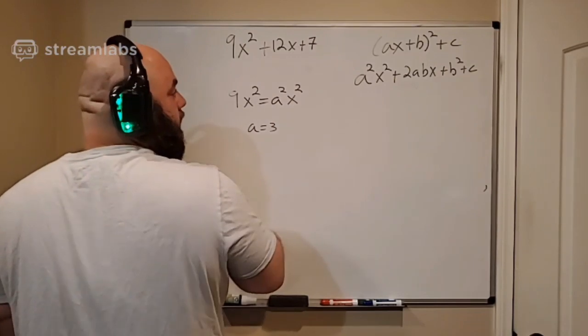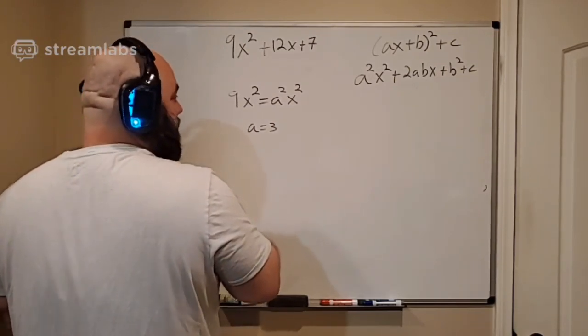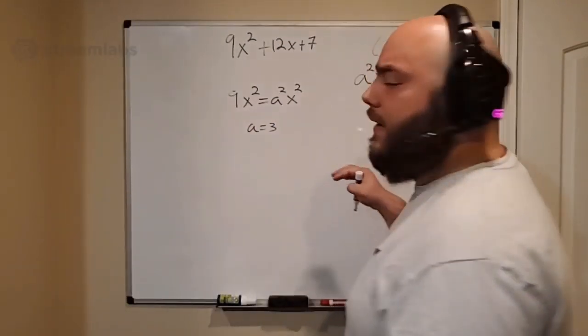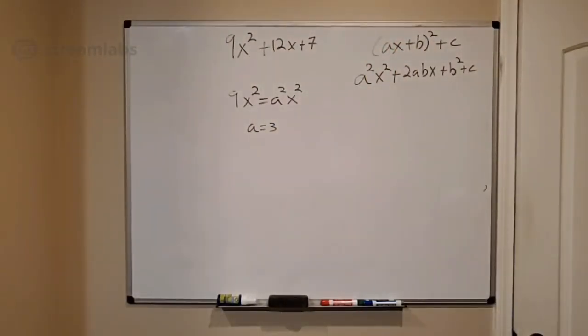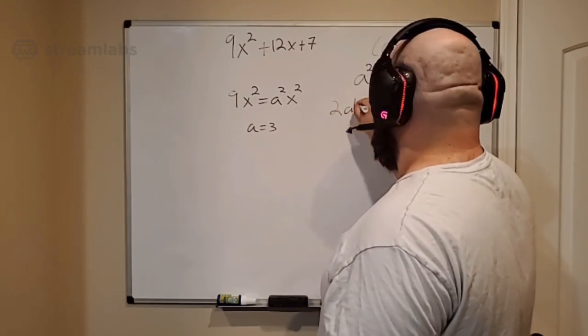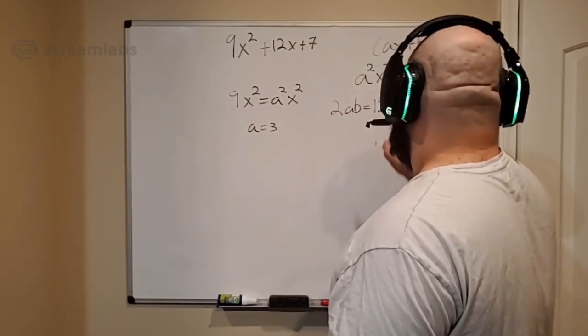And then I could do the same thing with our b. Before, does this tell me that they are, nope, okay, so we gotta be careful. But I guess it can't be. Anyway. All right, so at that point we know 2ab equals 12, and then b squared plus c equals 7.